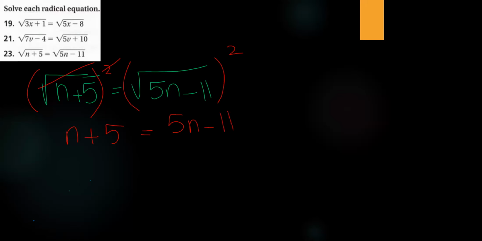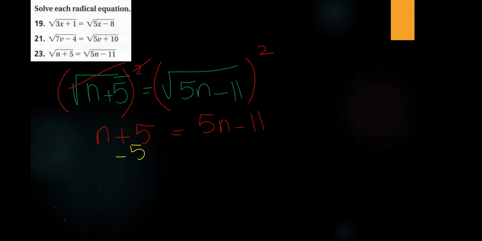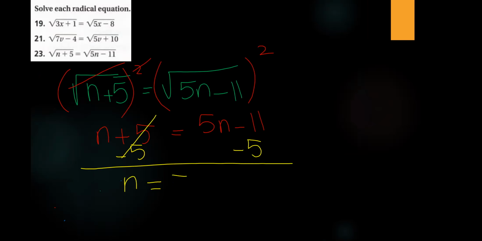Bravo, 5n minus 11. Then after that, we will subtract 5 from both sides. So we have n equals 5n minus 11 minus 5, which is negative 16.